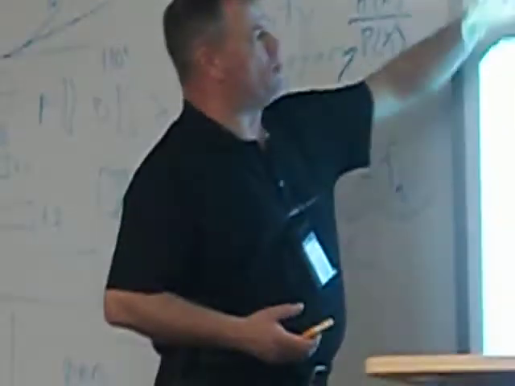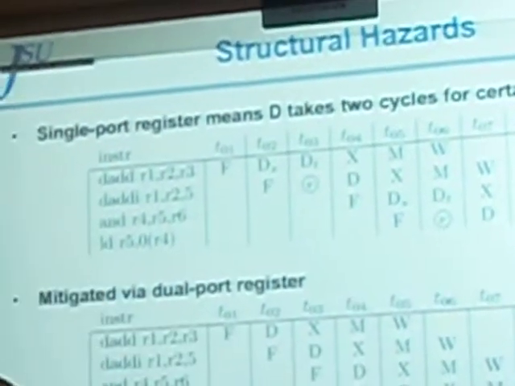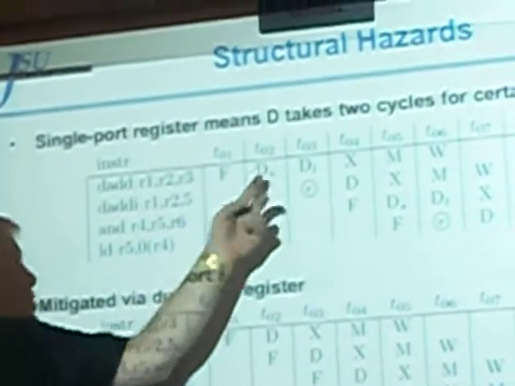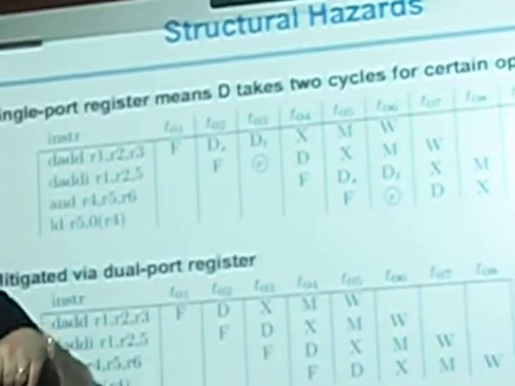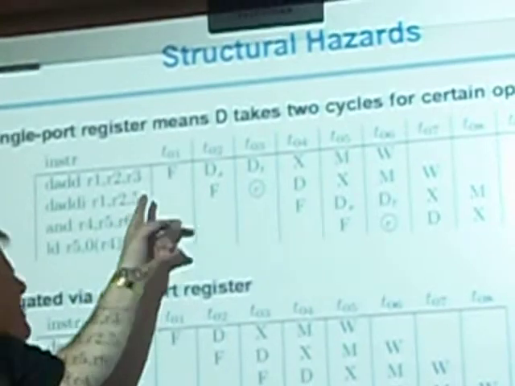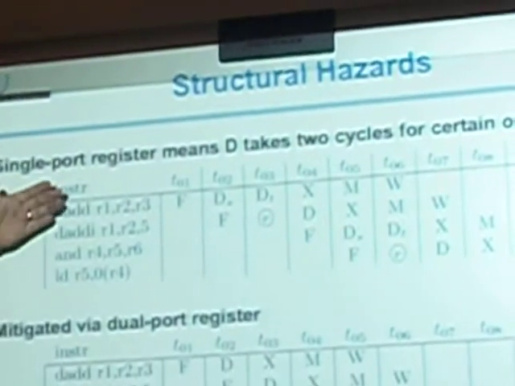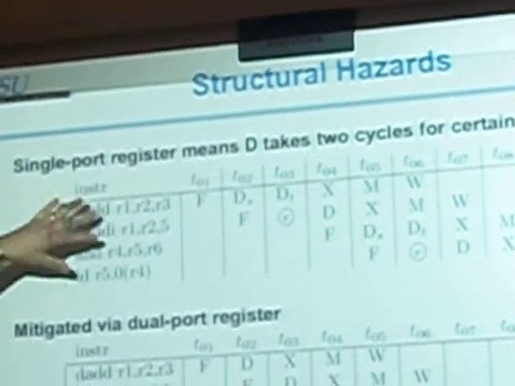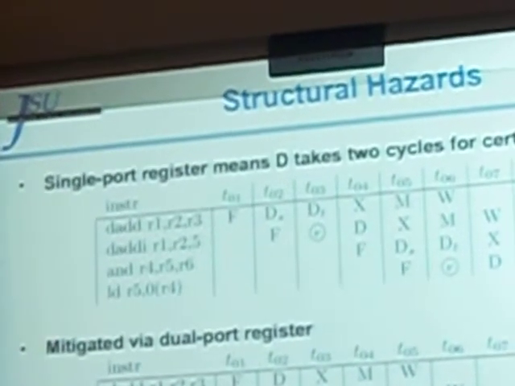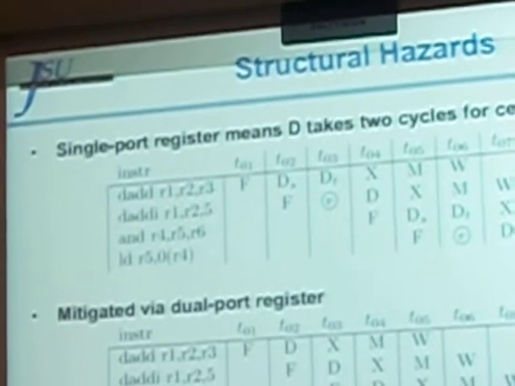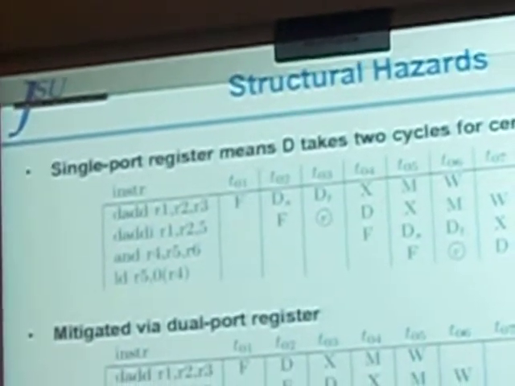So, structural hazards, I'm just going to buzz through these. We've already looked at these. Remember the single port register. If we didn't have dual port registers, you would have taken one clock to fetch RS, and the next clock to fetch RT from the registers. So we eliminated the structural hazard by having, instead of a single port register, dual port registers.